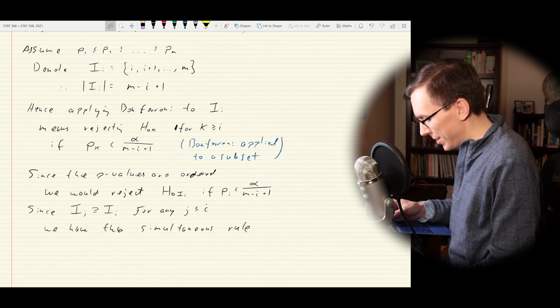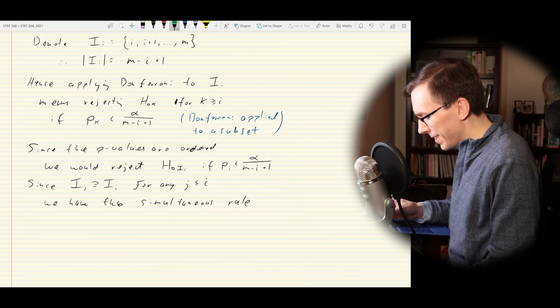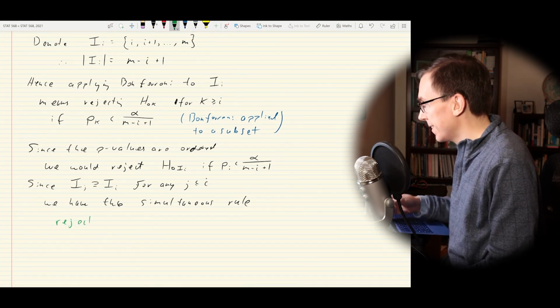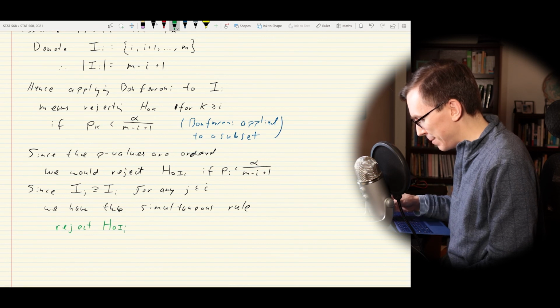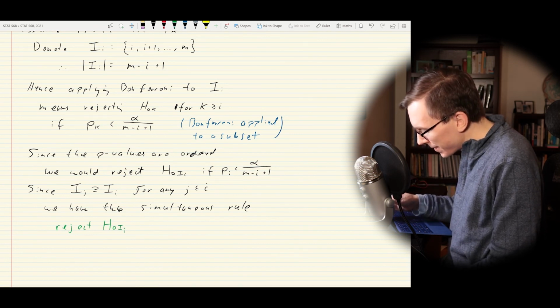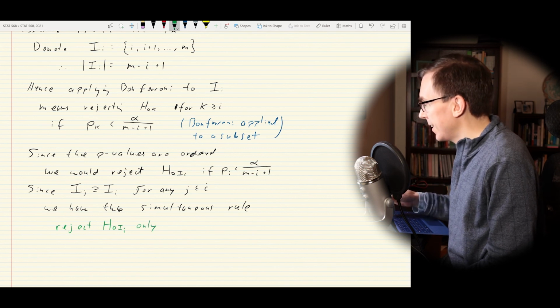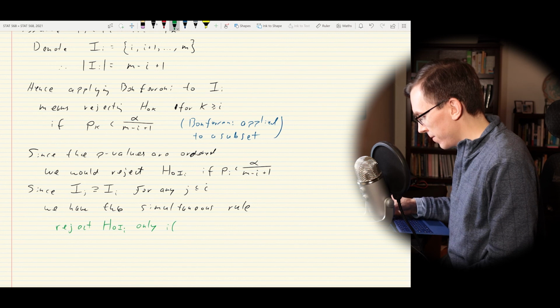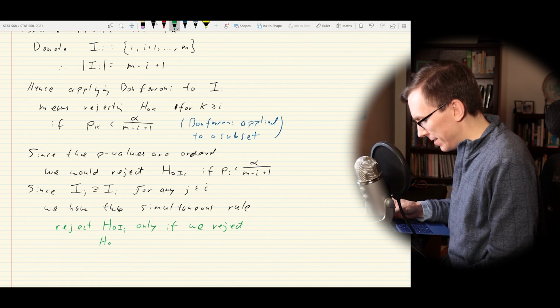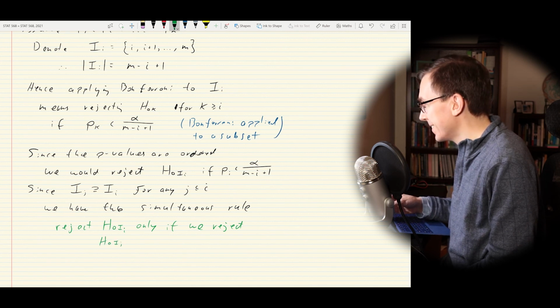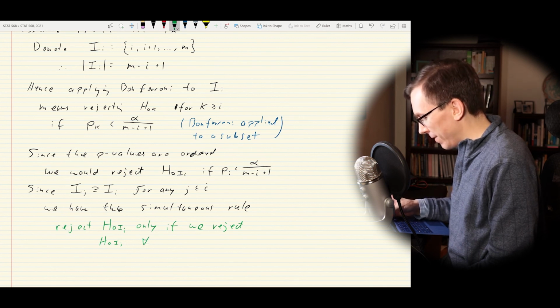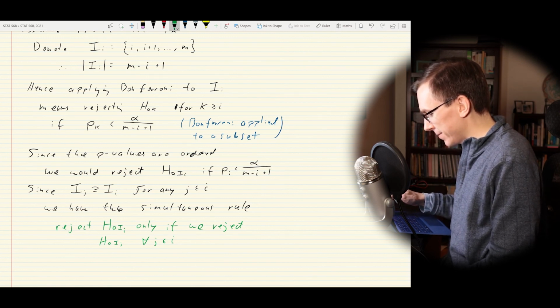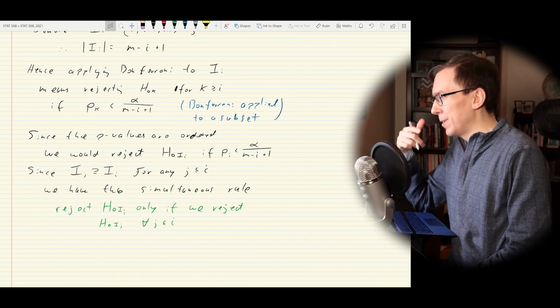The simultaneous rule, which I'll write in green: reject H naught I sub I only if we reject H naught I sub j, for all j less than or equal to I. So this is that idea of a simultaneous rule.